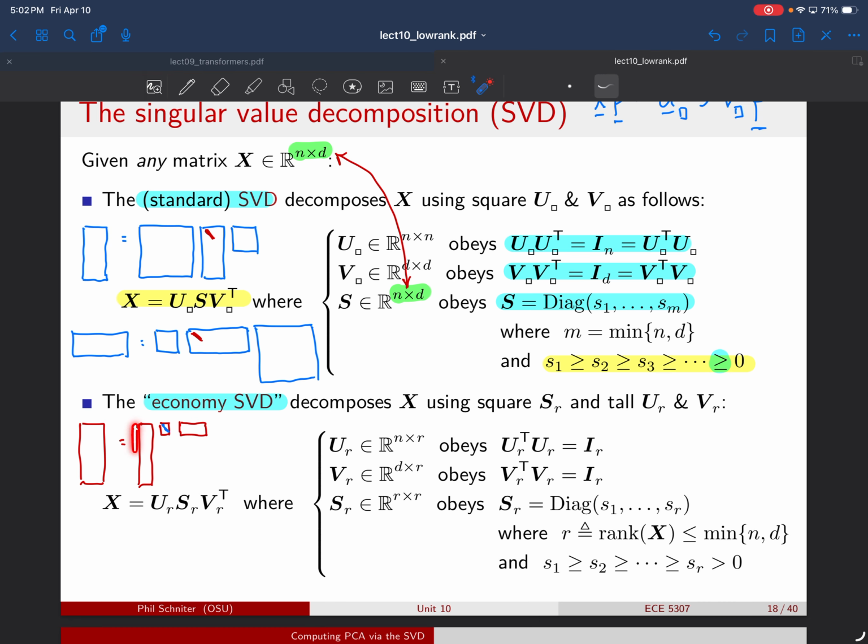So this dimension has to match this one, this dimension has to match this one, and importantly, this S matrix is constructed so that the smallest element is positive, meaning this S is invertible. It's square and invertible.